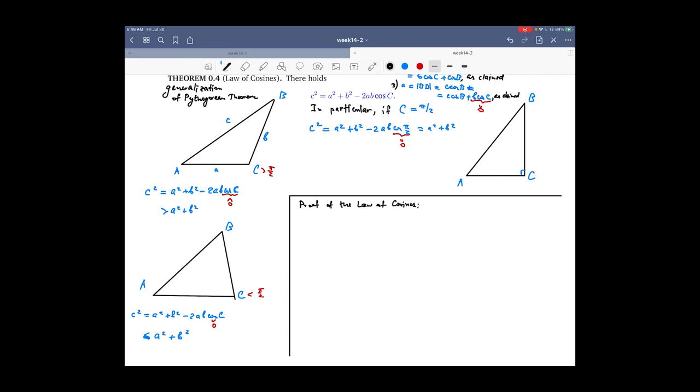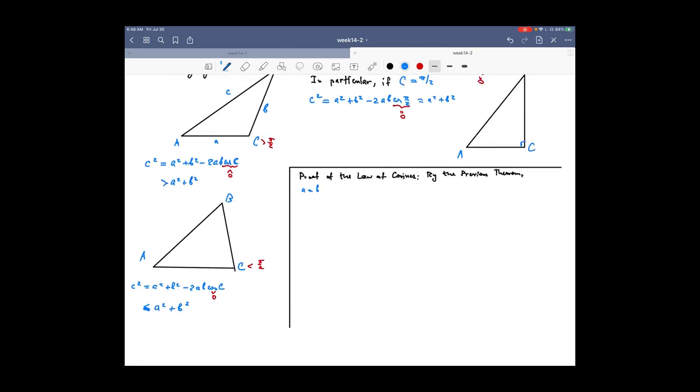So we take these identities, again, a equals b cosine C plus c cosine B, b equals a cosine C plus c cosine A, and c equals a cosine B plus b cosine A.